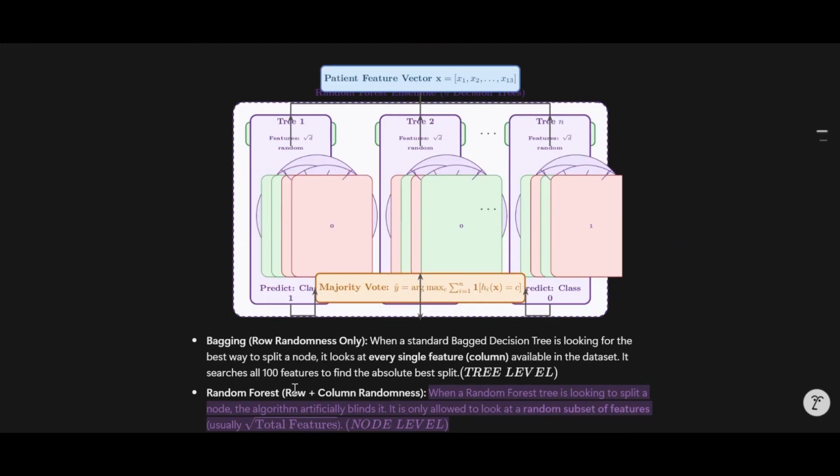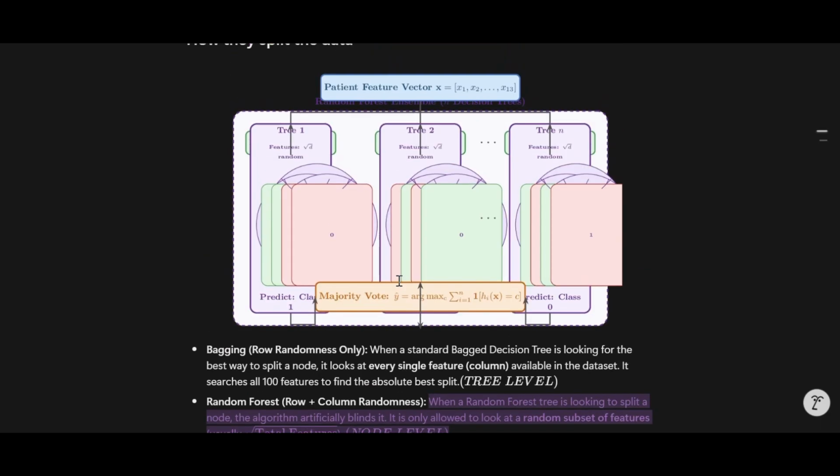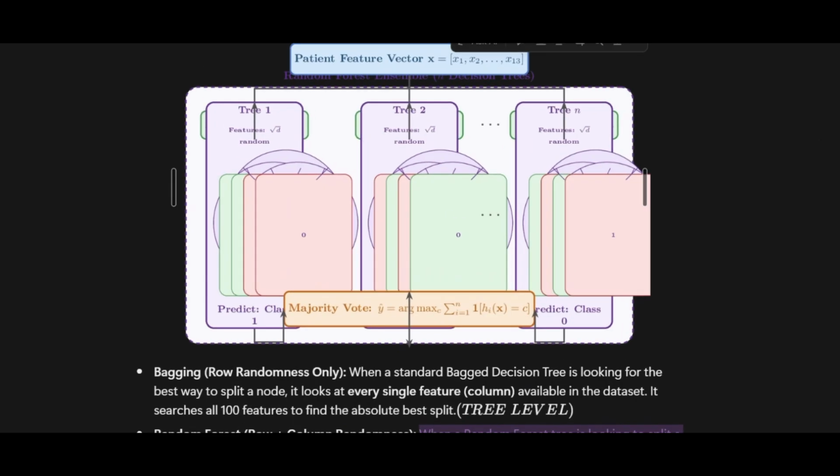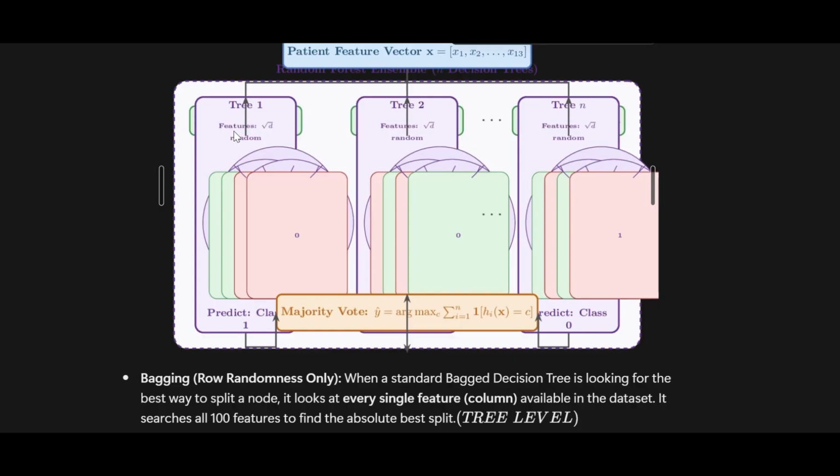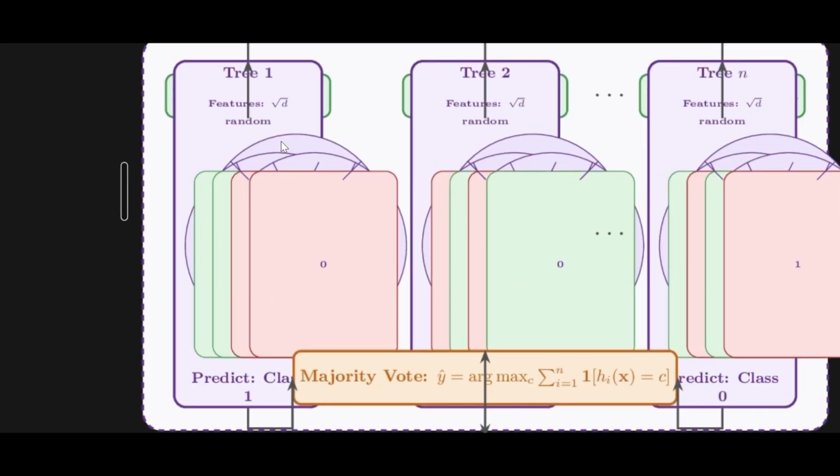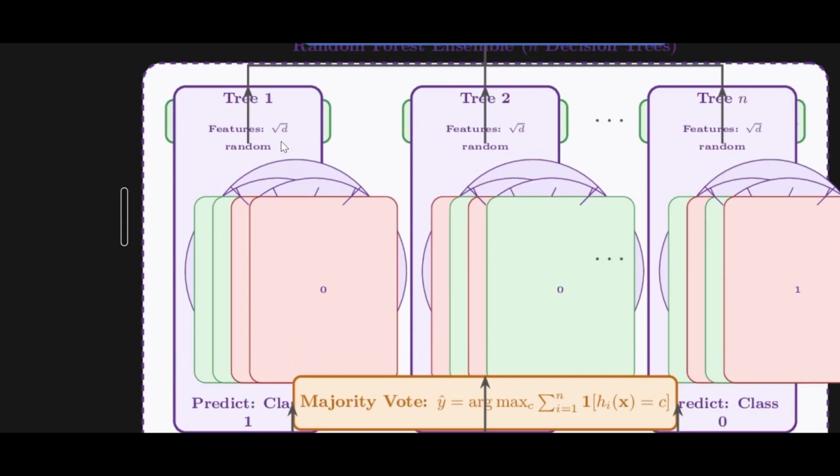If you look at this diagram, let's say I take a data set and I give this first tree my data set, then a second, then a third. But if you look clearly here at the features, let's say I have 13 features, but to tree 1 we are giving root d features.